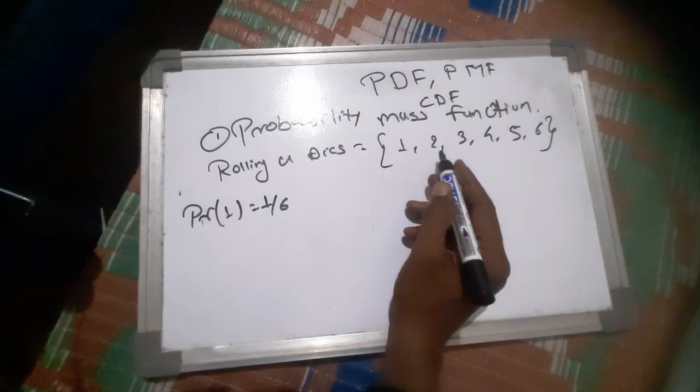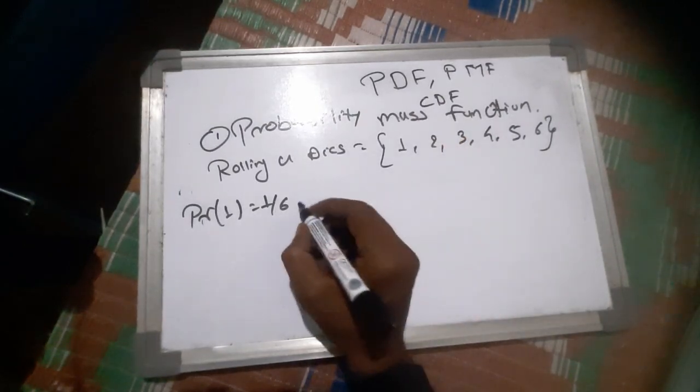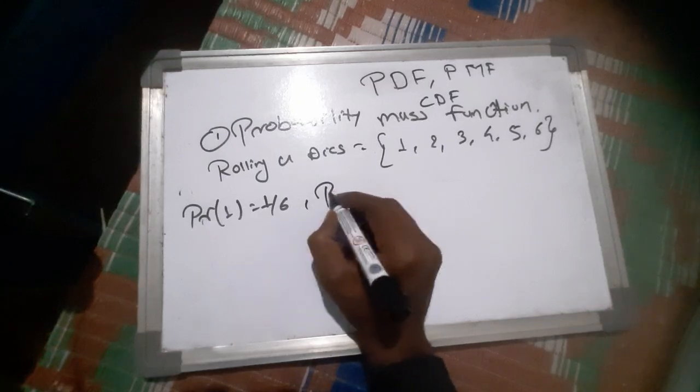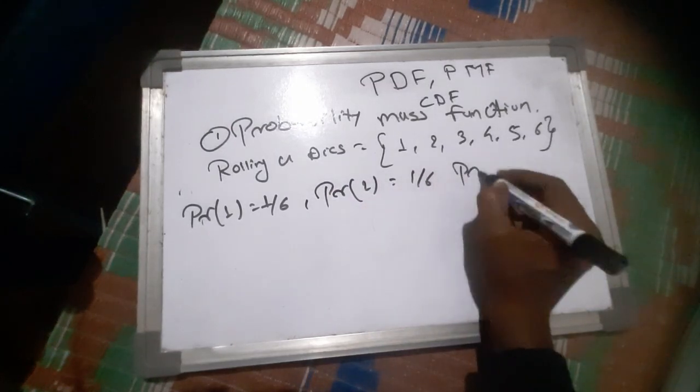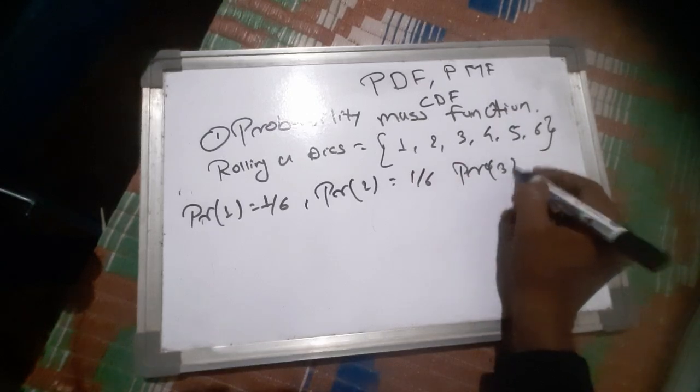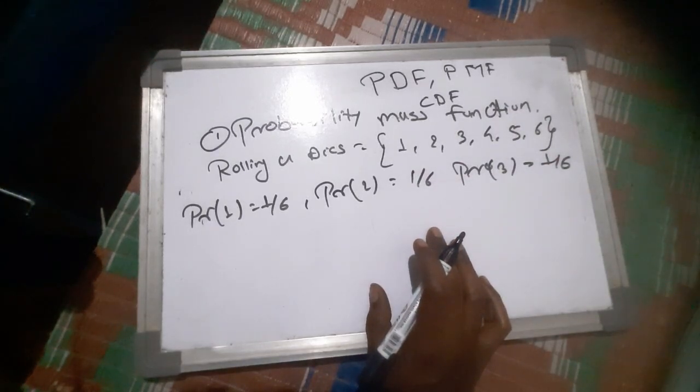I hope you understand probability; we covered this in a previous video. Similarly, the probability of 2 is also 1 by 6, and the probability of 3 is also 1 by 6. This is a discrete random variable.